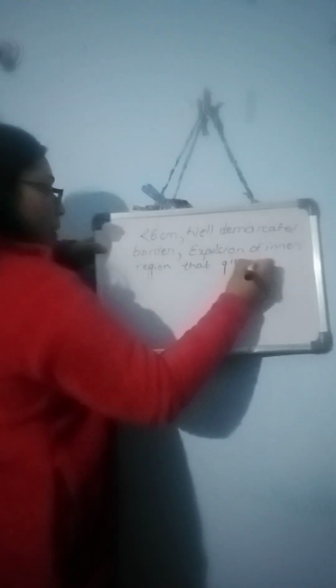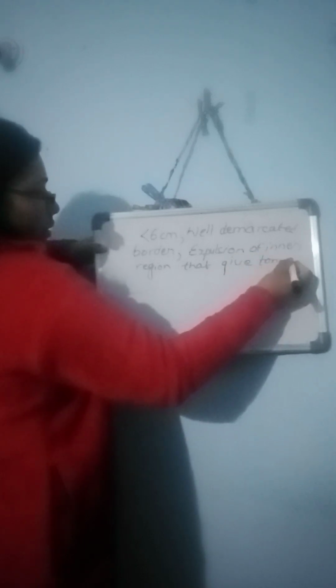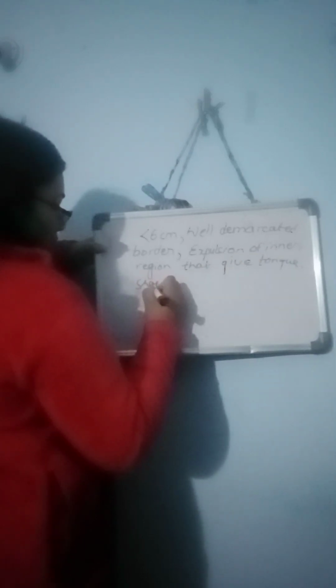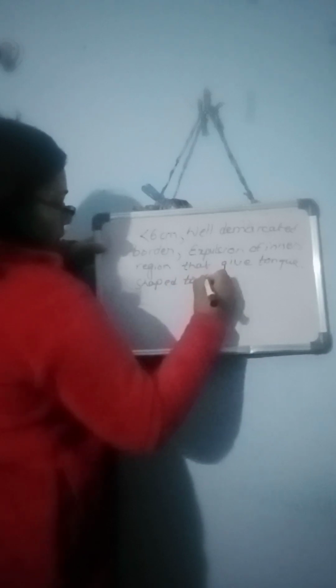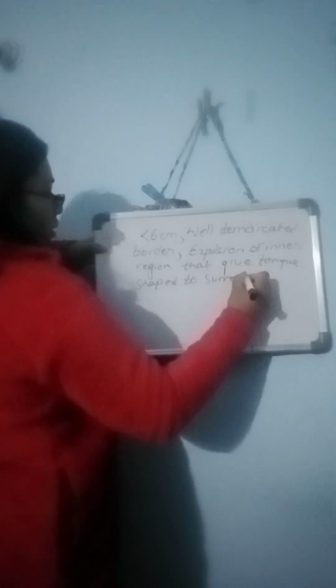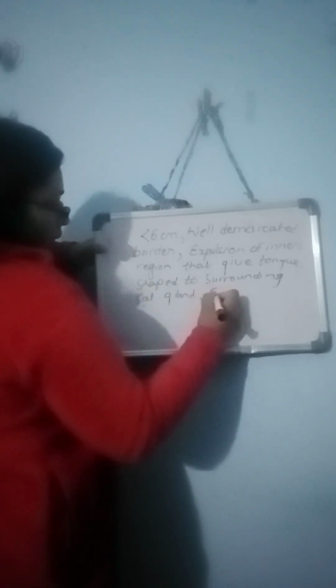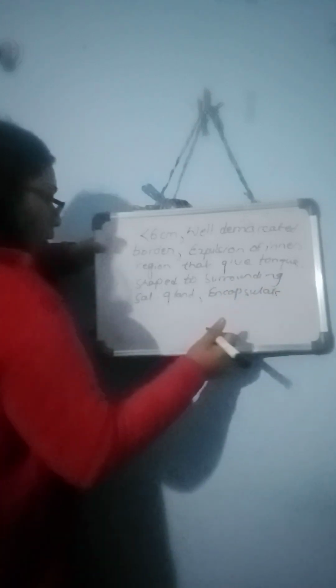The inner region gives a tongue shape to the surrounding salivary glands. It is also encapsulated. Now it is round or myxoid.